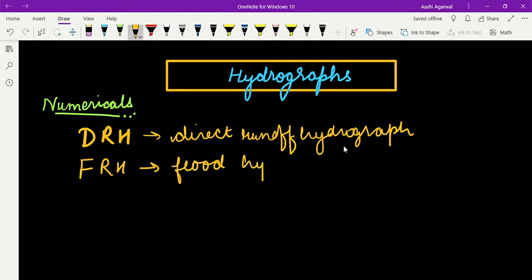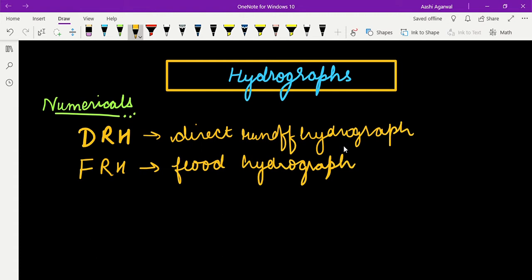The difference between these two hydrographs is obvious. As the name suggests, direct runoff hydrograph only represents direct runoff with respect to time. A hydrograph essentially is nothing but a representation of runoff with respect to time.